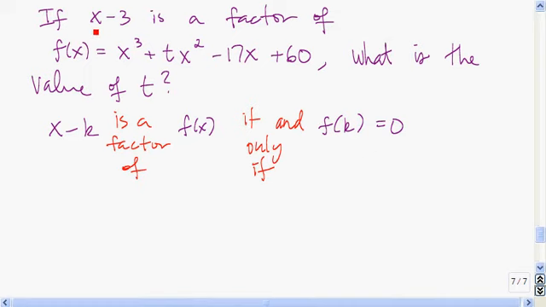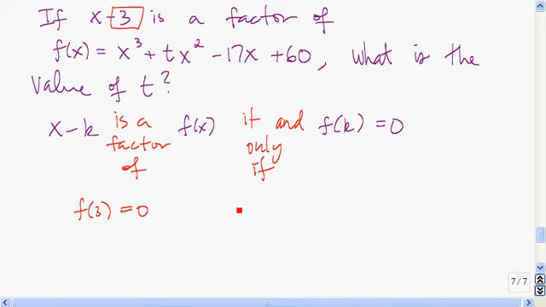So that means that since x minus 3 is a factor of this, if I plug 3 in for x, I get 0. Well, let's see what I get when I plug 3 in, symbolically.